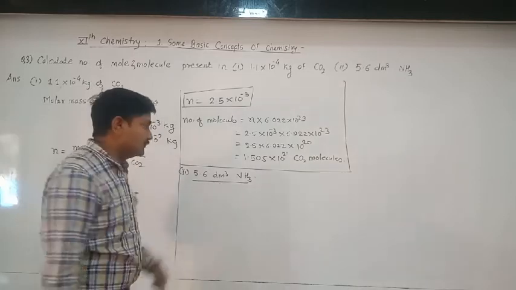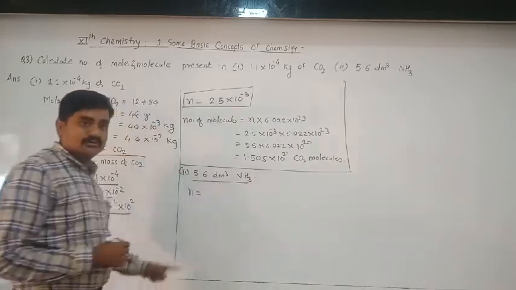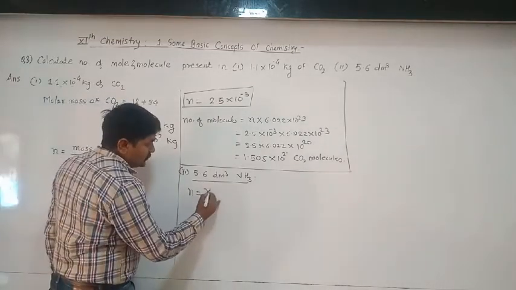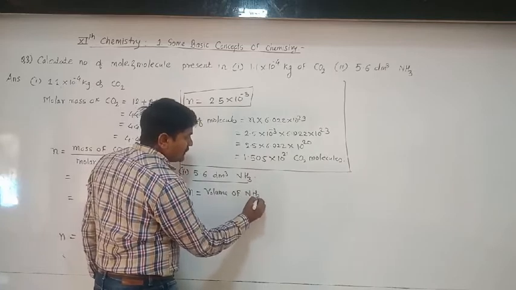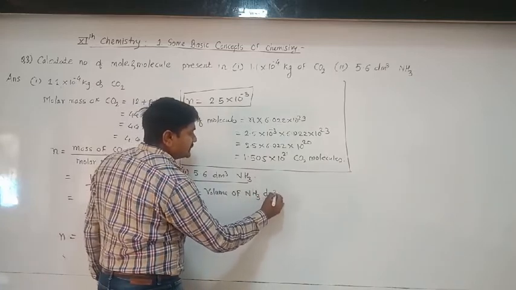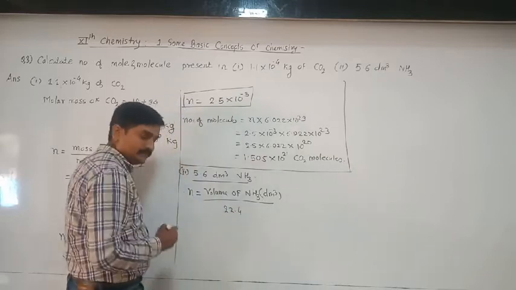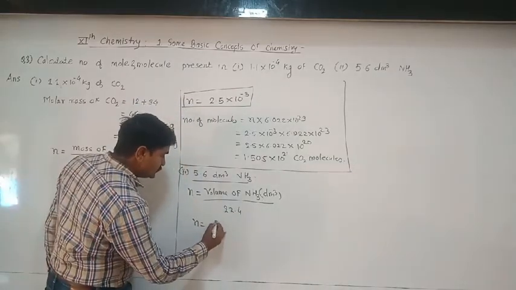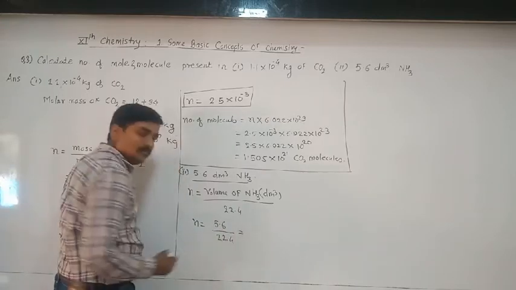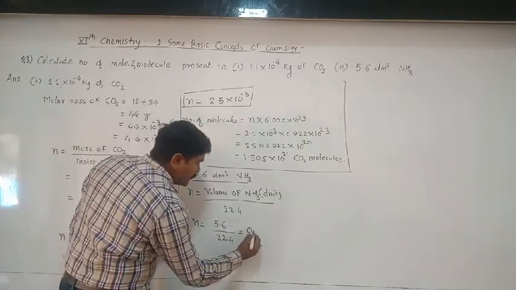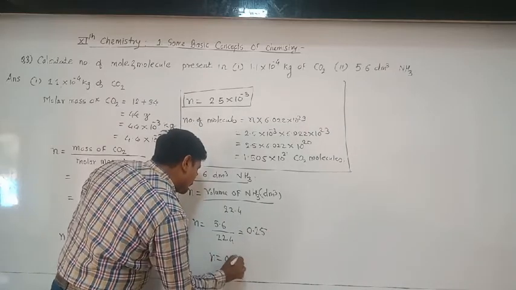From volume, I first calculate the number of moles. n is equal to the volume of ammonia in decimeter cube upon 22.4. So n is equal to 5.6 upon 22.4. How much is it? It is 0.25 mole. So n is equal to 0.25.